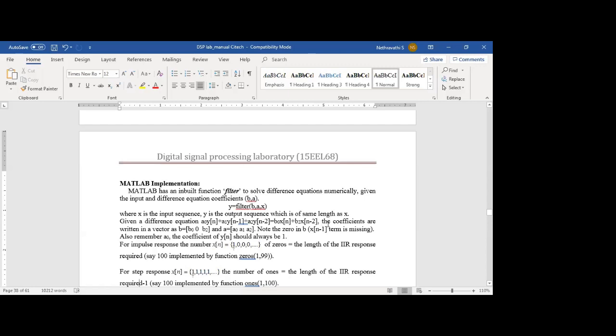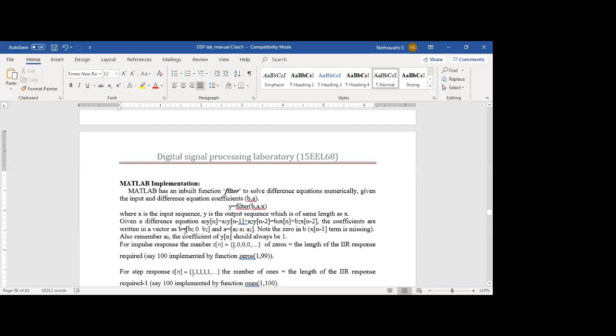You can see here we have the terms a naught, a1, a2 with respect to my output, and with respect to input x of n we have the terms b naught and b2. We don't have the term b1.